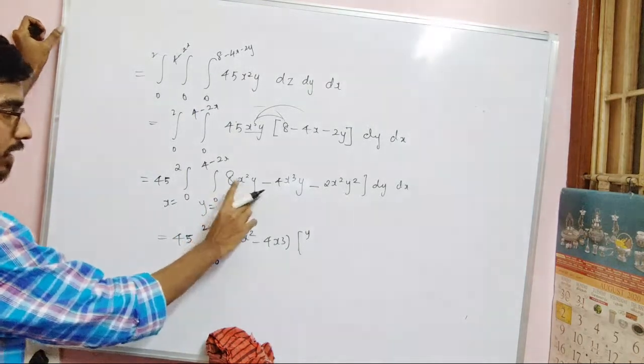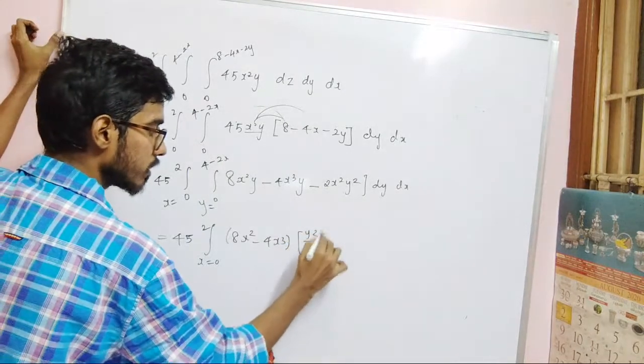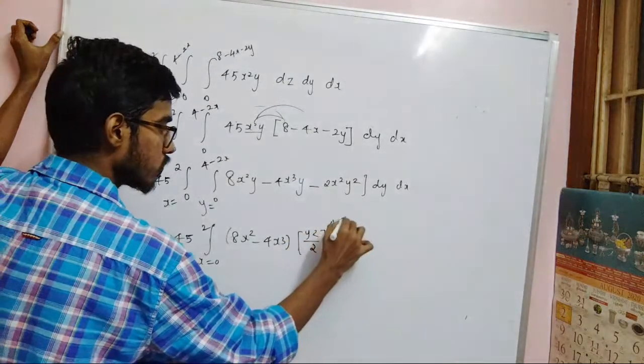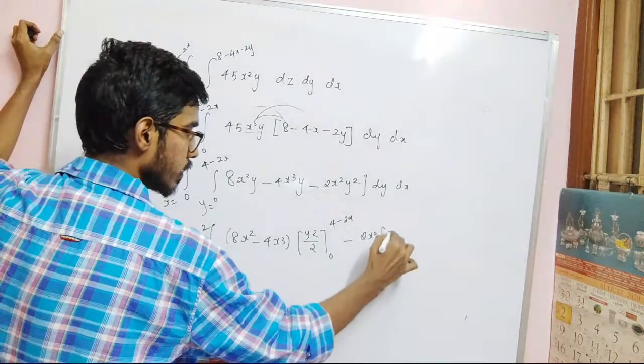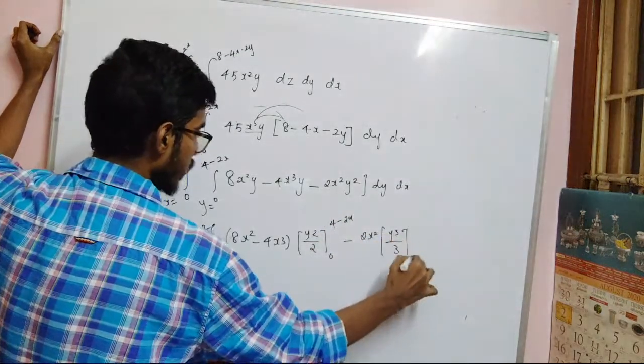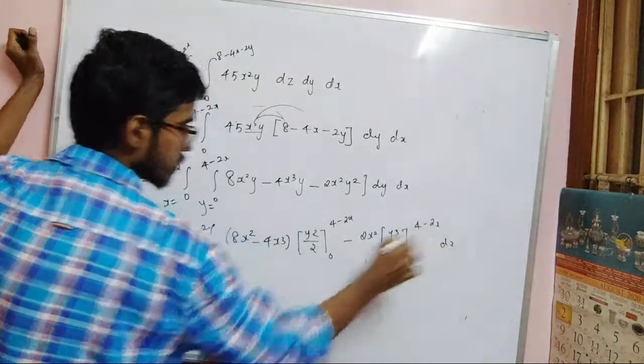If we integrate y, we have y square by 2, 0 to 4 minus 2x, minus 2x square, y cube by 3, 0 to 4 minus 2x, dx.